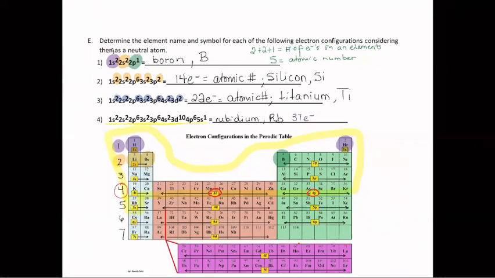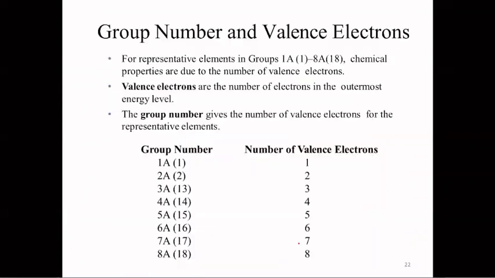Great. Since there are no other questions, there are a few more things that we need to discuss when it comes to these concepts. The next one is group number and valence electrons. So this is the short story out of the whole thing. We already know what the group number is. Remember that it is the number and letter that we see on the columns of the periodic table.